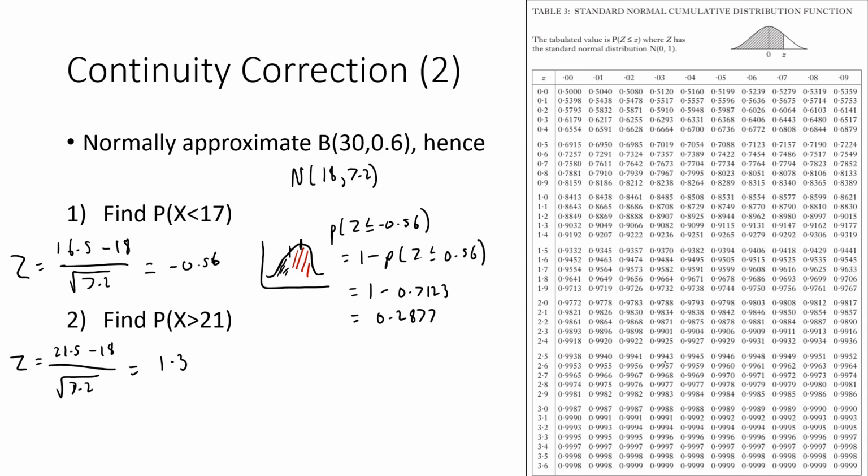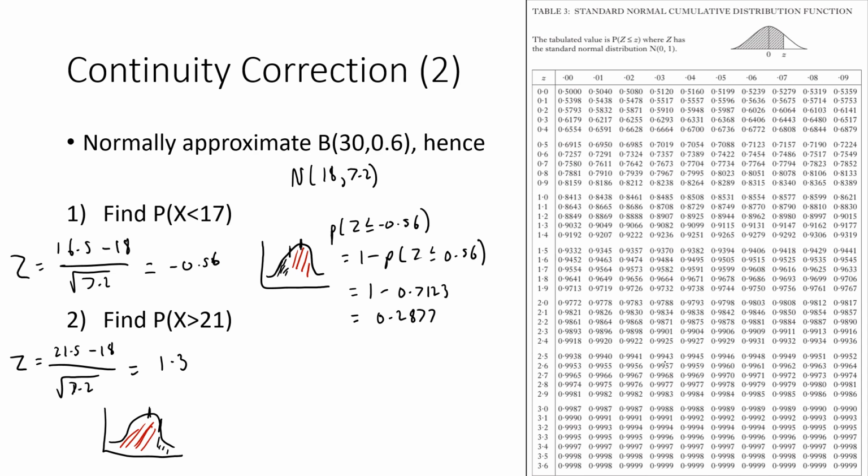And here I would draw the distribution as well. This is the mean, this is roughly 21, and I want to find this area. So I can find the opposite area and do 1 minus, which is exactly what I'm going to do.